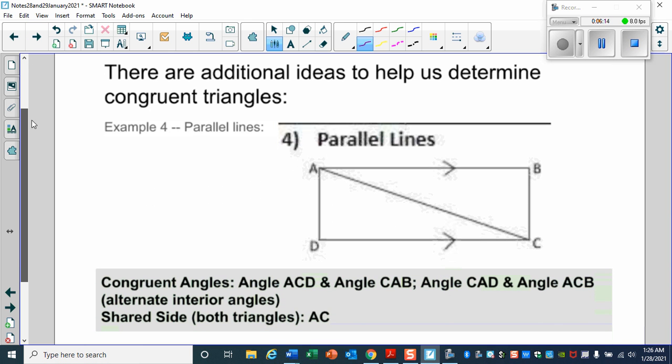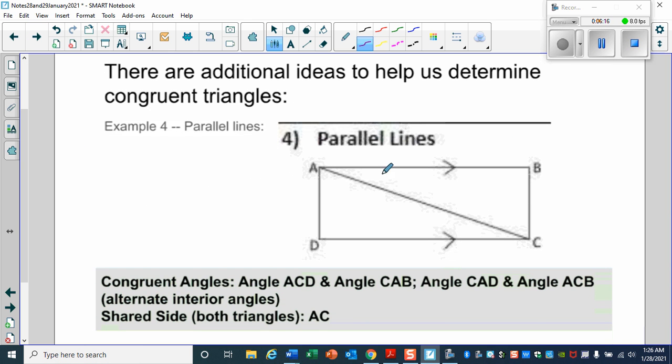And then the parallel lines form alternate interior angles. For instance, ACD, CAB, and an idea might be to trace.